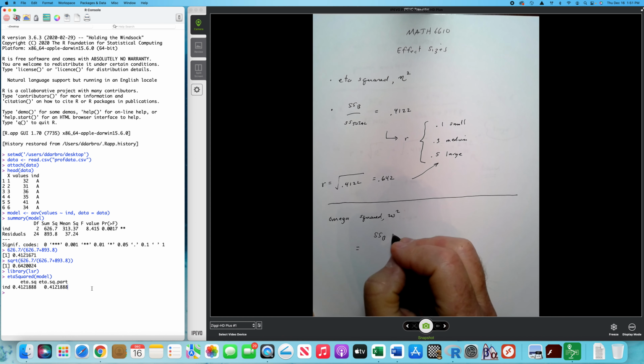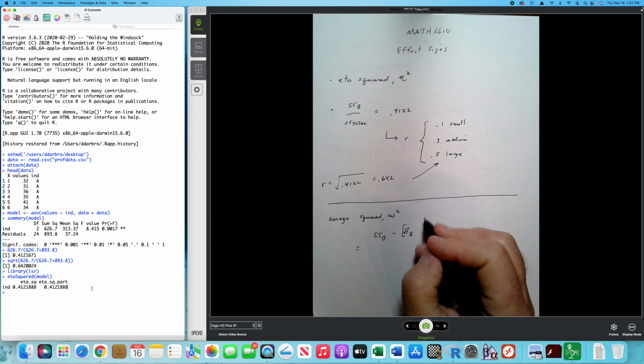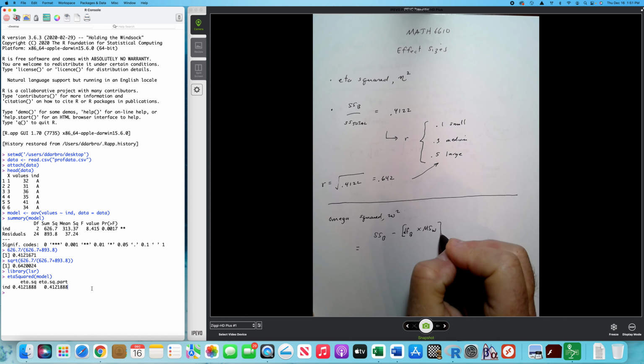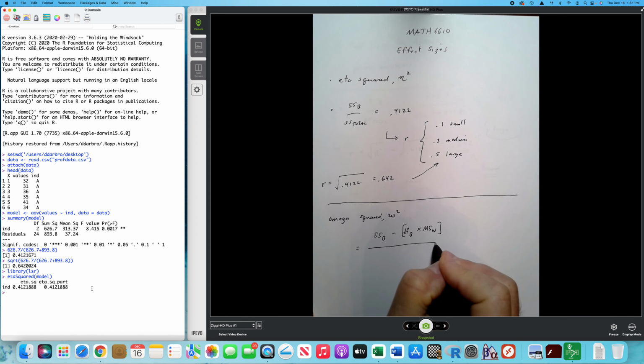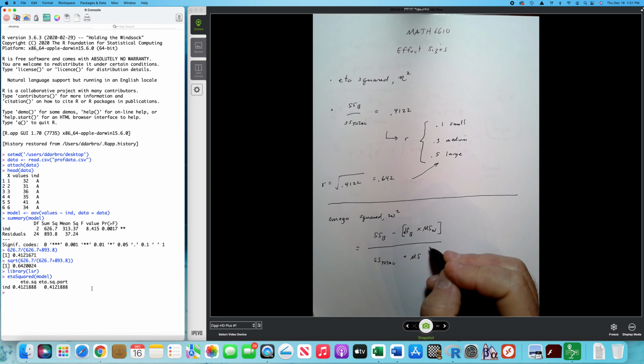We take the sum of squares between minus the degrees of freedom between times the mean square within, all divided by the sum of squares total plus the mean square. I always forget if this is between or within.